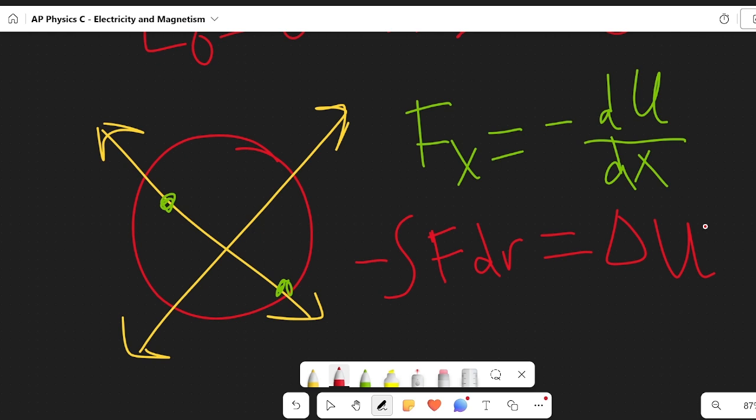Electric field is defined as the force per unit charge, so we already covered this.